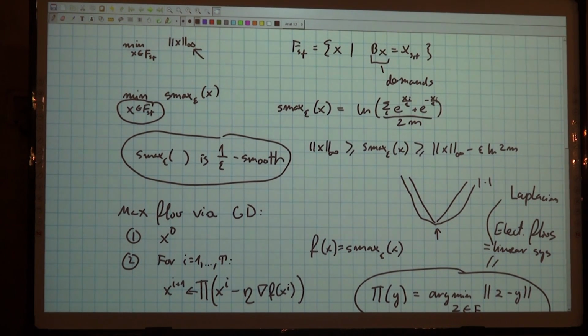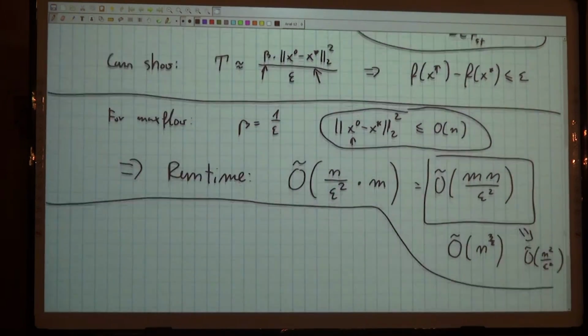Because in the end, when we think of max flow and want to compare how much better a given solution is than another solution, we just have to compare the distance in the L infinity norm, because the only thing we really care about is the worst-case overflow if you want to reroute one solution to the other. So L2 norm, as natural as it is, is really not the right norm to use here. We should try to use a different geometry to talk about our problem, in particular L-infinity geometry.